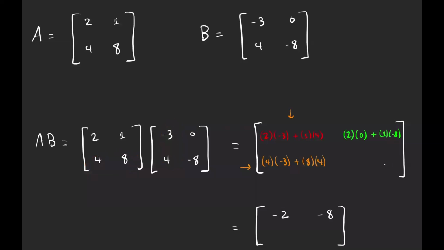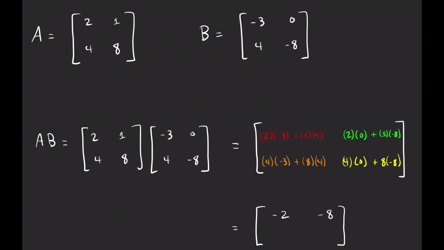And lastly, we're just going to do this one. I'm not going to do the circles and everything. Let's go yellow. We're going to do 4 times 0, excuse me, made a mistake there. 4 times 0 plus 8 times -8.